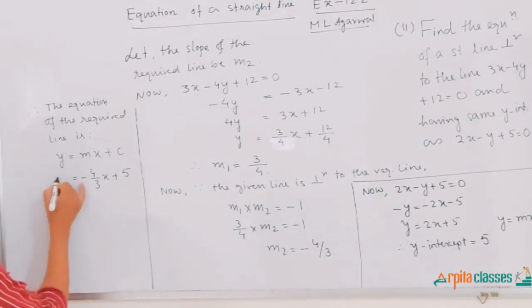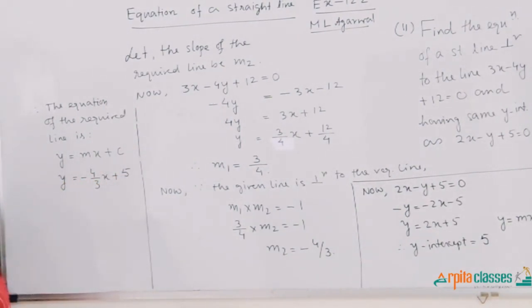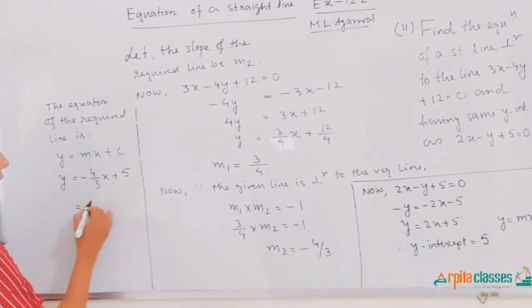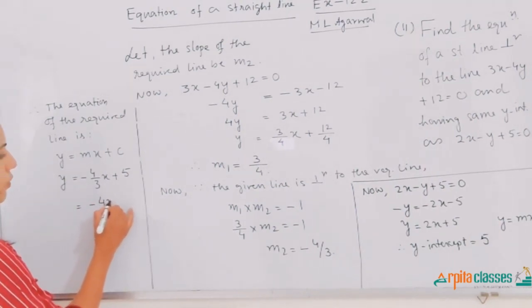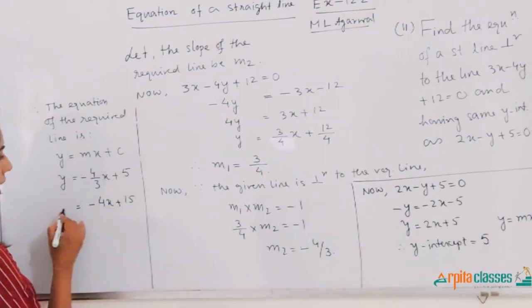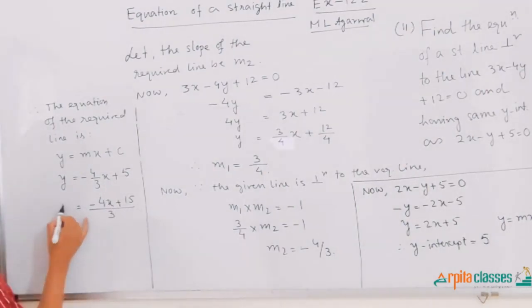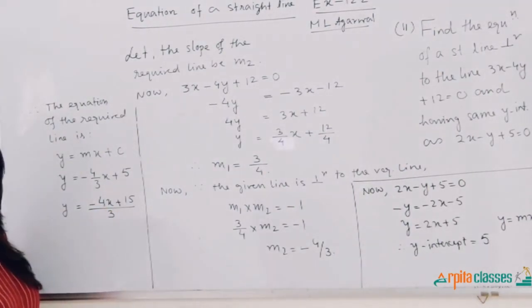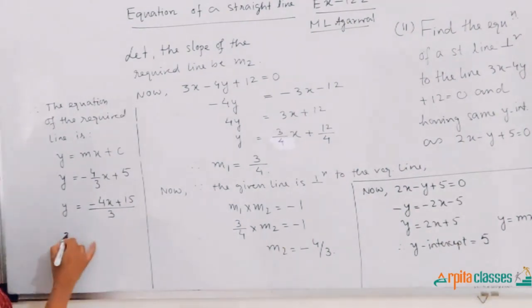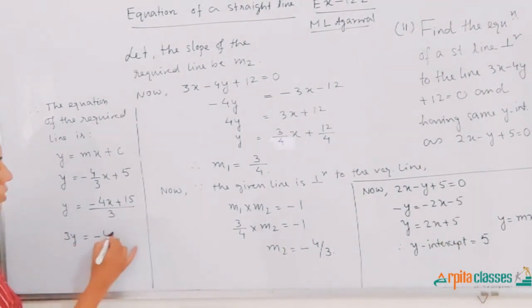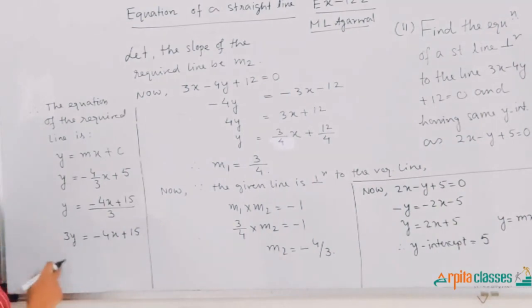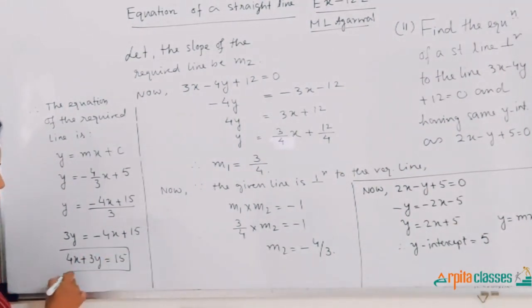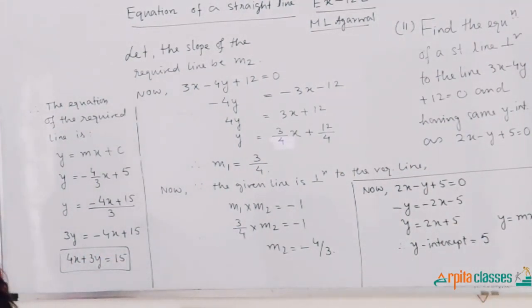So this is y is equal to minus 4 upon 3 x plus 5. You can take 3 as the LCM over here. So y is equal to minus 4x plus 15 upon 3. Get 3 this side: 3y is equal to minus 4x plus 15, or get minus 4x this side. It will be 4x plus 3y is equal to 15. So this is the equation of the required line.